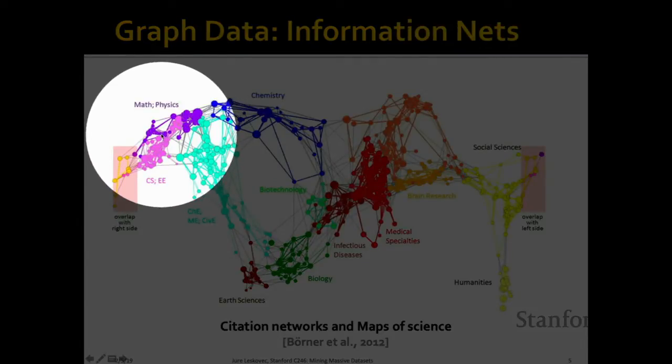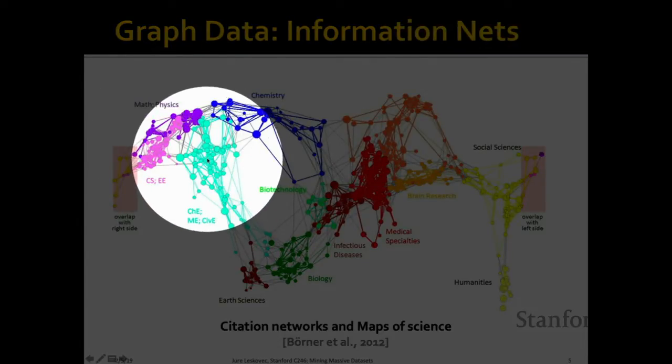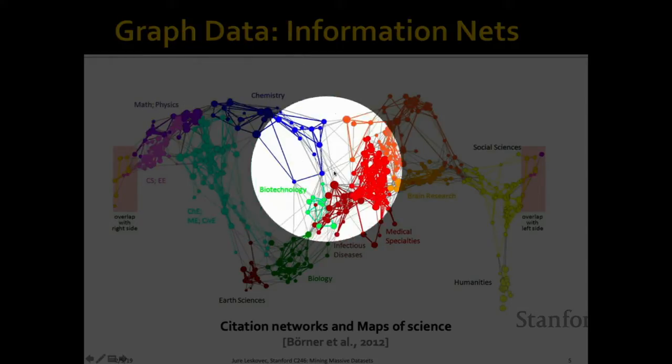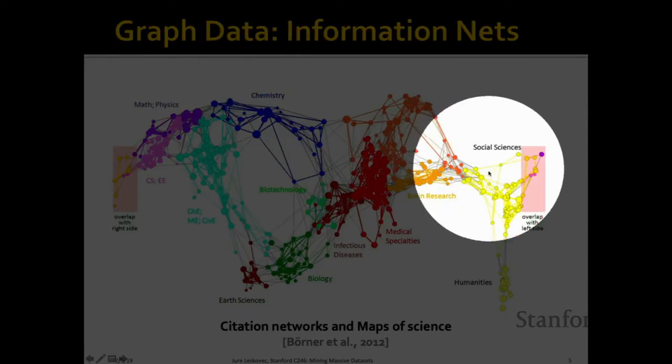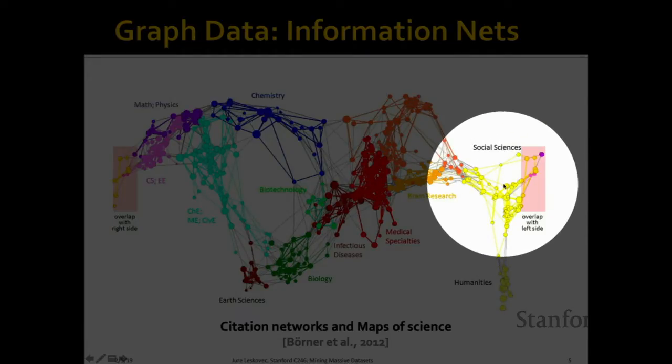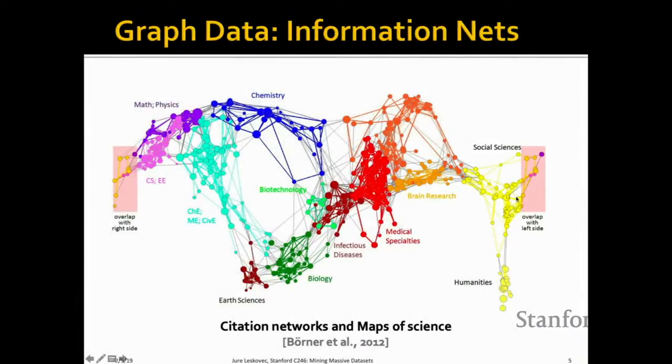You see what are the relevant areas. It's kind of math and physics. Then it's the chemical engineering and things like that. And then on this side should be kind of social sciences and so on. So this is a picture that wraps around. But it nicely says what computer science is all about and what connections it has in terms of applications and so on, right? So this is naturally a network.